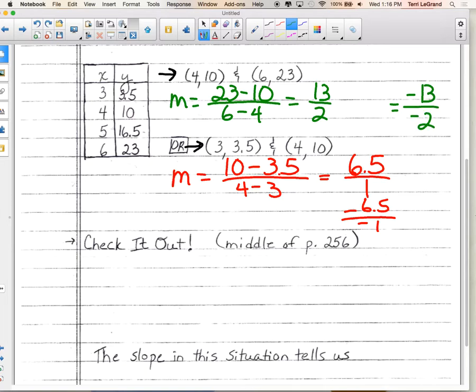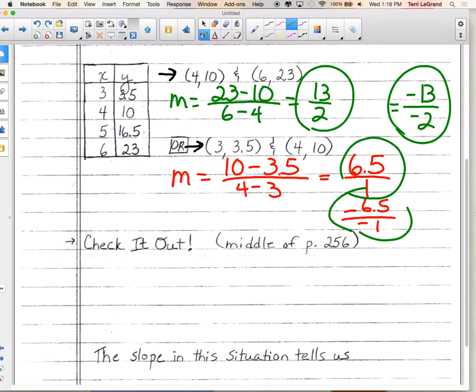I've written all 4 possibilities of what might happen. Depending on what you chose to do, there are 4 different possibilities of what the result should have been before you start simplifying. How do you decide which one is going to be the first y value you choose? It doesn't matter.